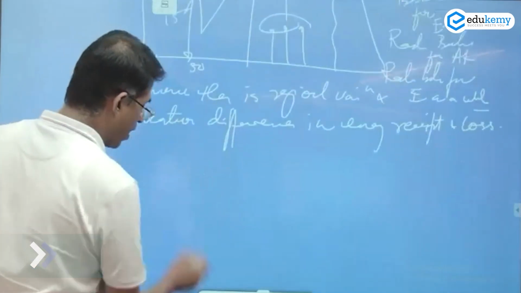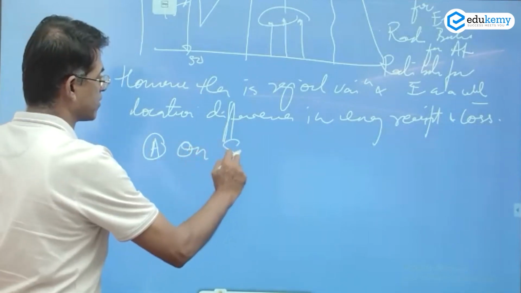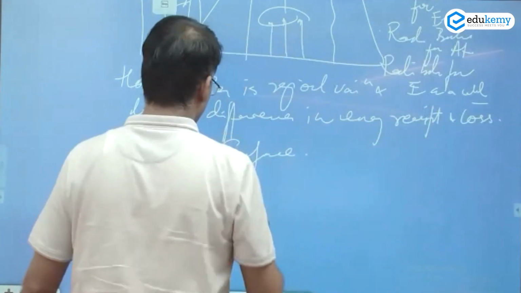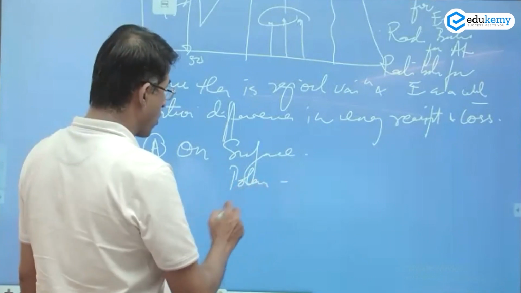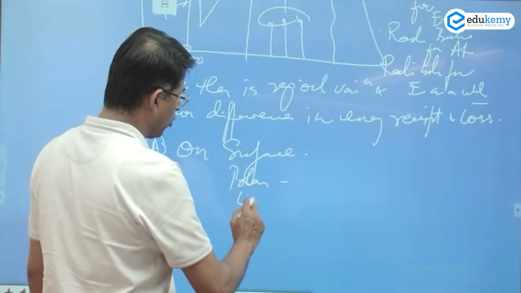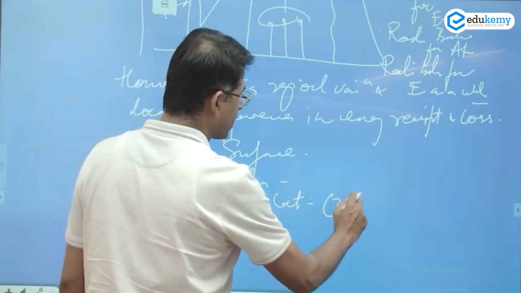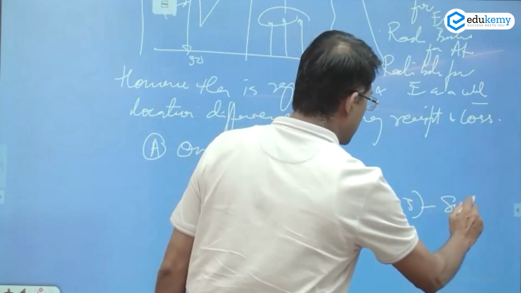Now you can take them one by one. Number one is on the surface. On the surface, what are the variations? What happens for the polar areas? What happens for low latitudes? Low latitudes, 20 degrees north and 20 degrees south, these are a surplus.